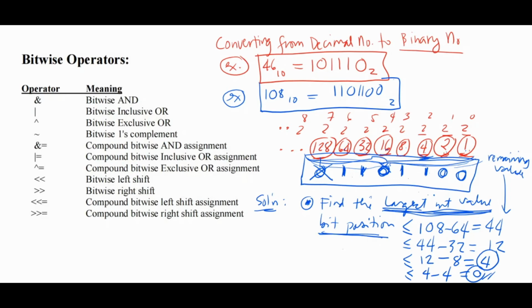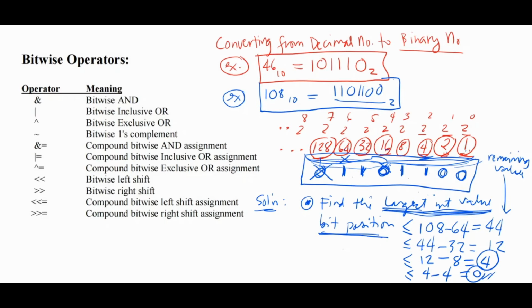Now let's try to verify by converting this binary number to decimal and check if we can get 108. So how do we do that? By multiplying each bit here with the integer value of that bit position and then getting the sum of all the products.